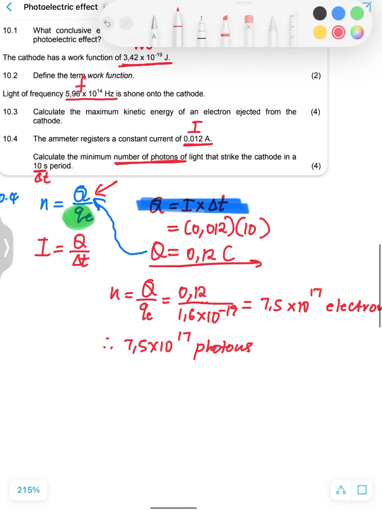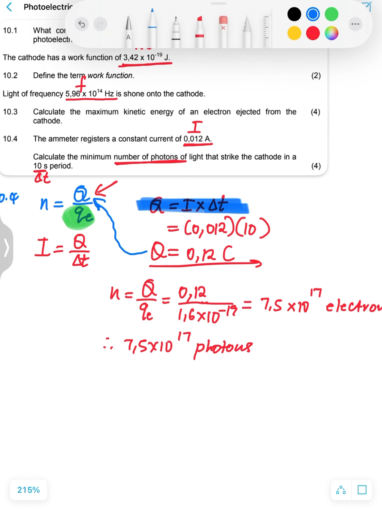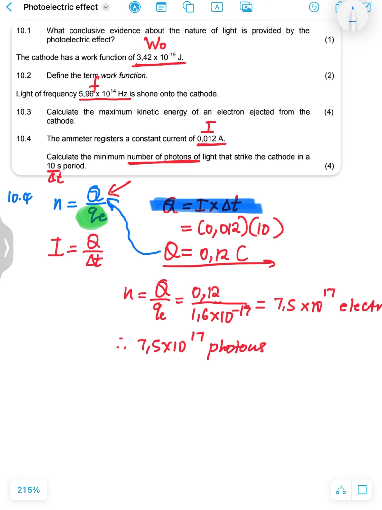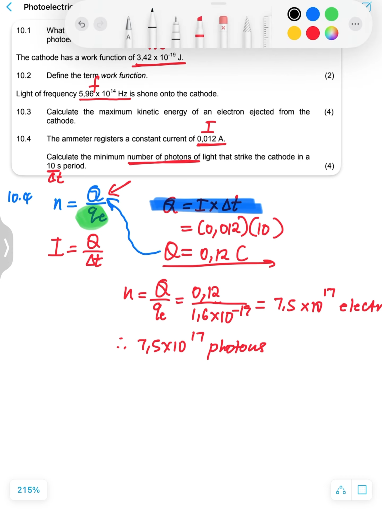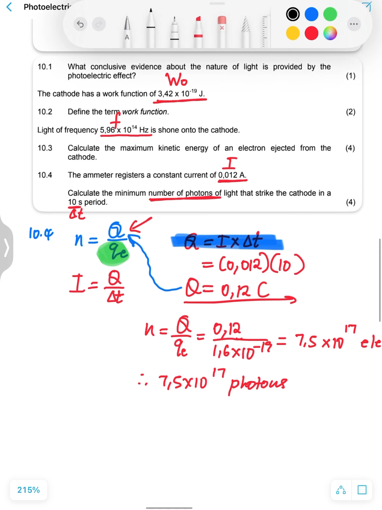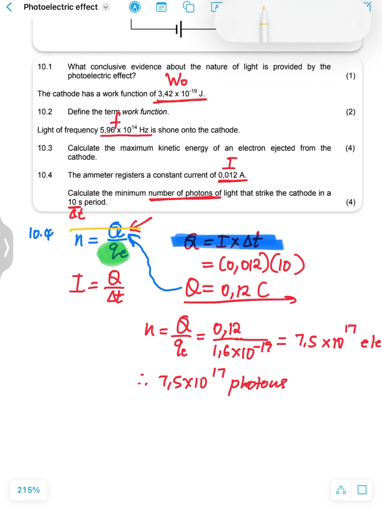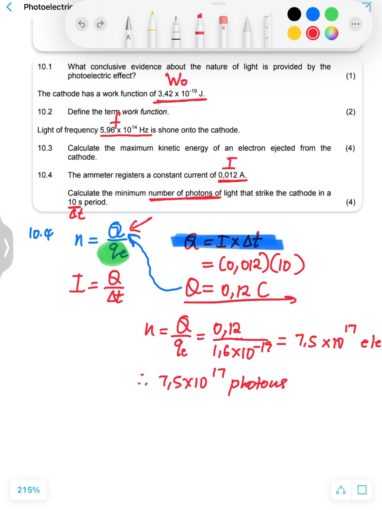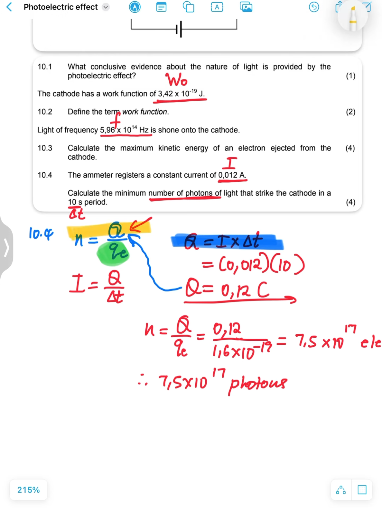The key part with this question is that you need to know this formula for the number of electrons. That is the key formula you're going to use.